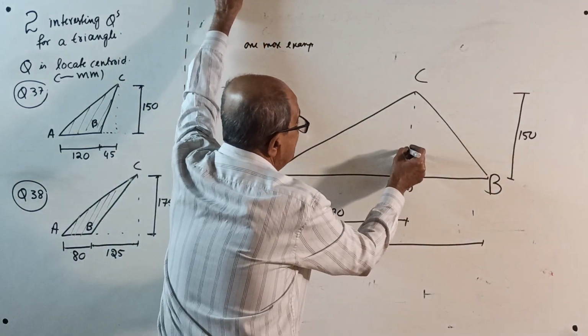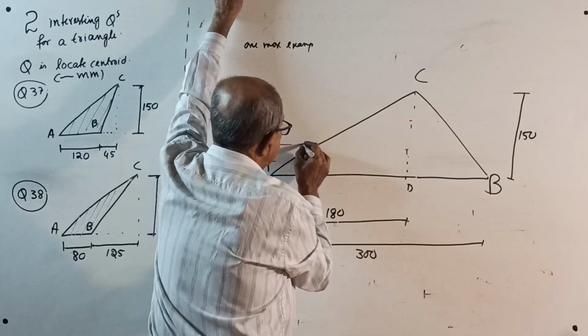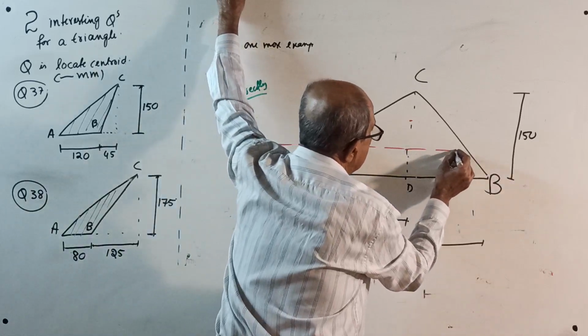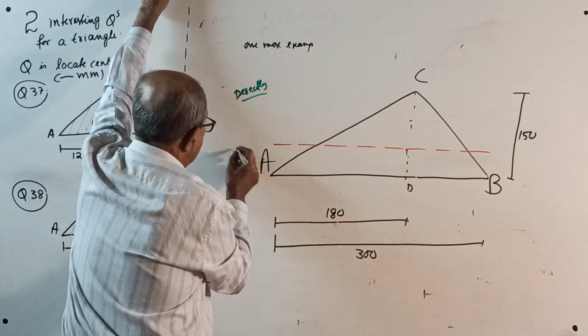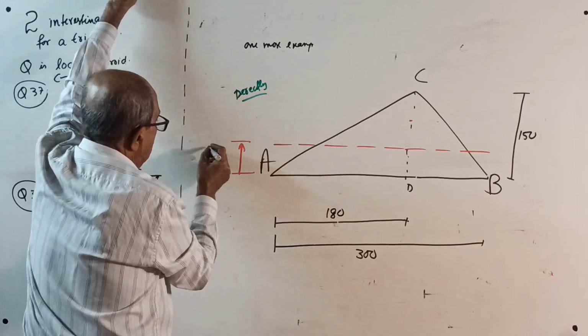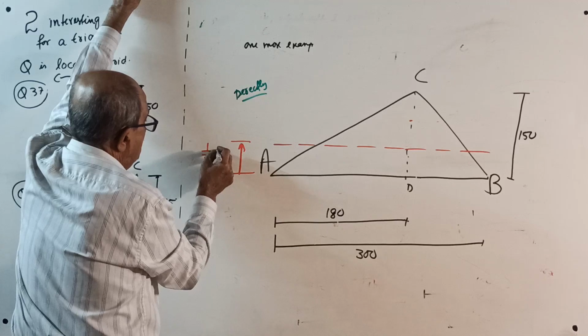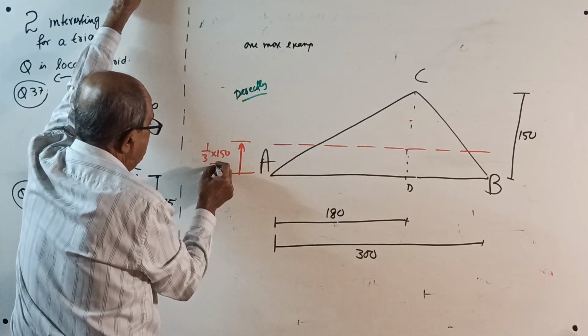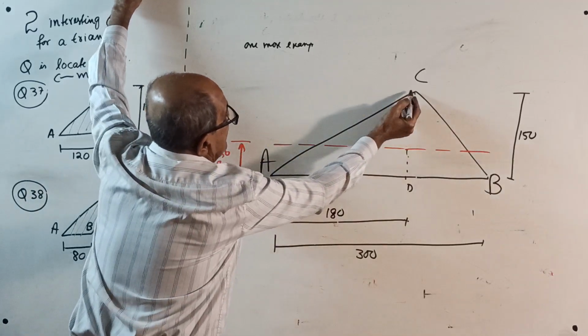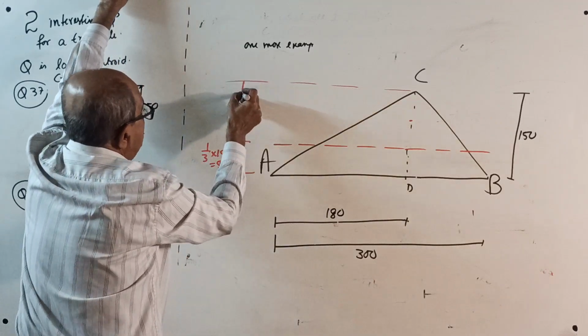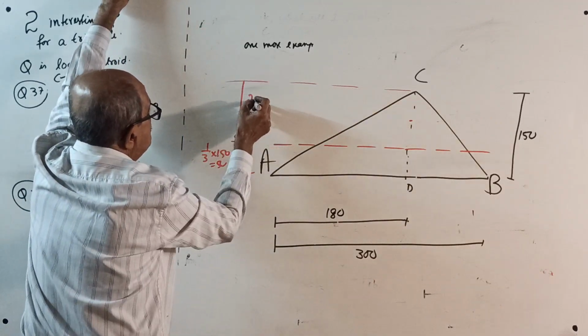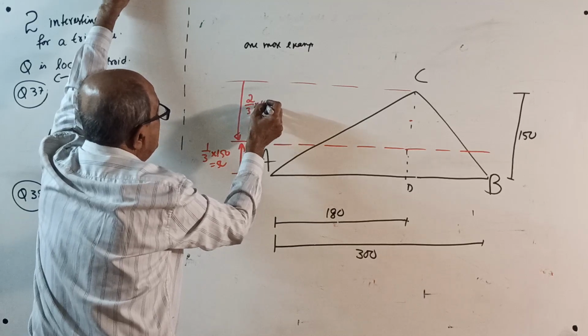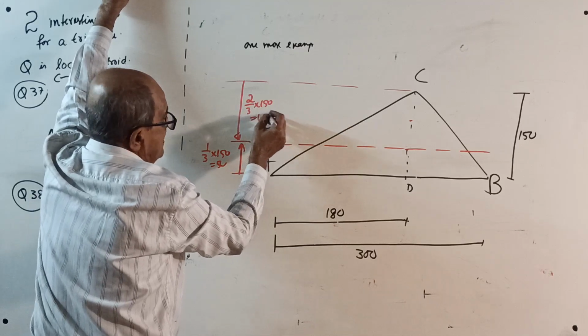Along the height, 1/3, 2/3. This is 1/3 of 150, equal to 50. From there, 2/3 of 150 is 100.